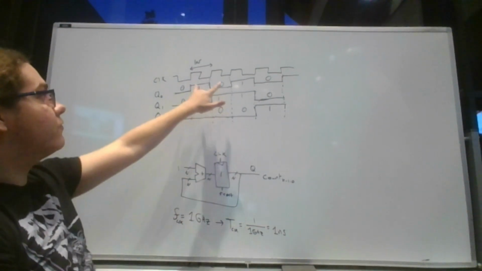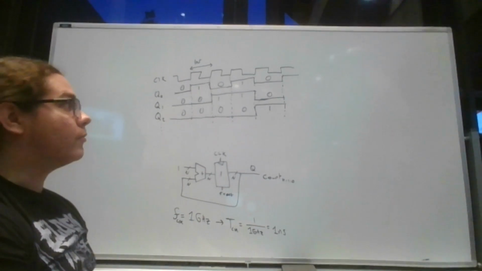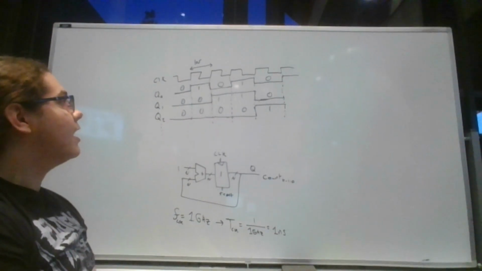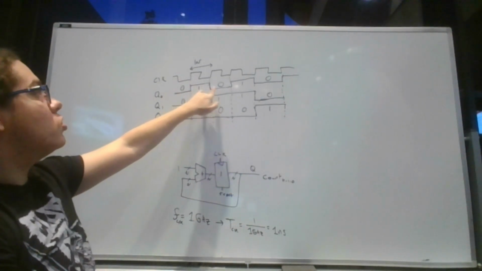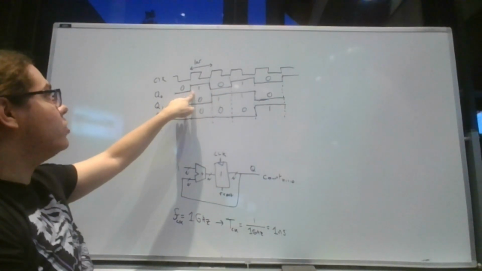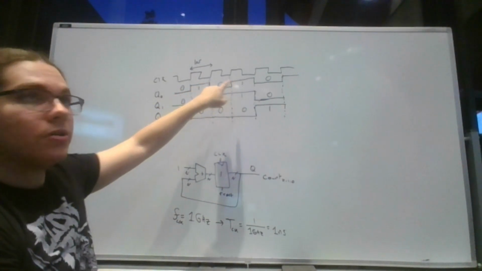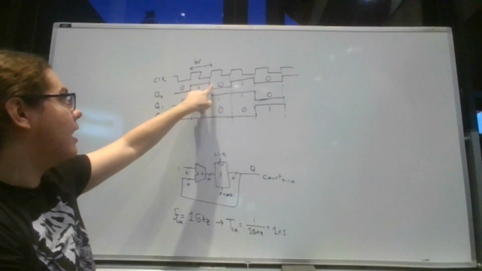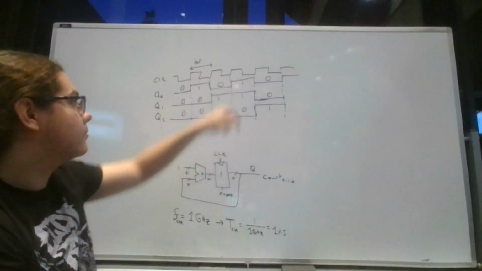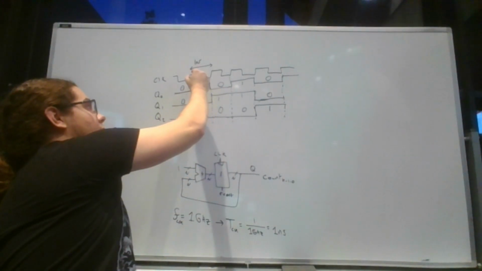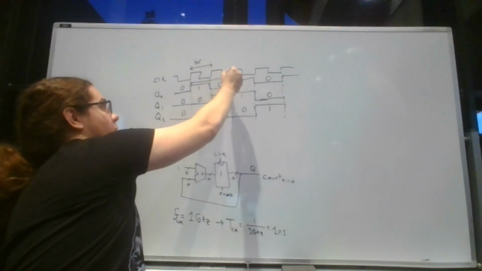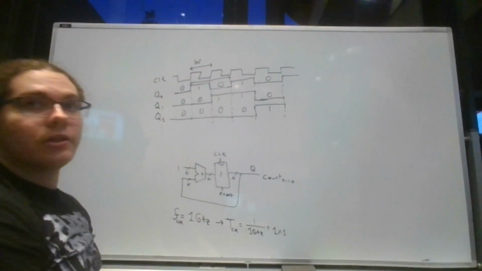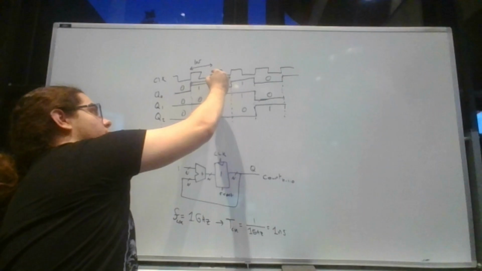Now what that means for the rest of my information is I can do the following. I know that it takes 2 full clock cycles for Q0 to do its own full cycle, to go up and then all the way back down. Therefore, its period is double the original clock period, which would be 2 nanoseconds.